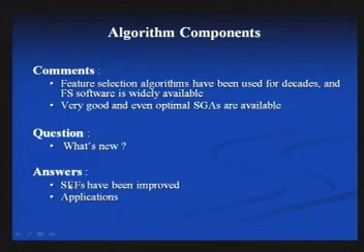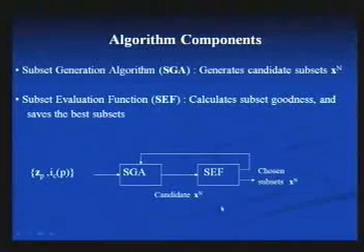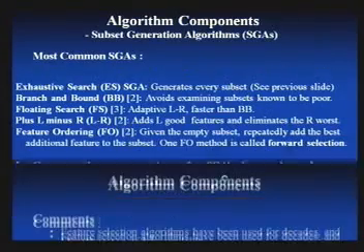First, subset evaluation functions have been improved. And that's the one place where there's really room for improvement when you're looking at feature selection. So if you go back here, the subset generation algorithms, every 5 or 10 years, somebody comes up with a paper with a slight improvement on those, okay? But the subset evaluation functions, there's a vast room there for improvement.